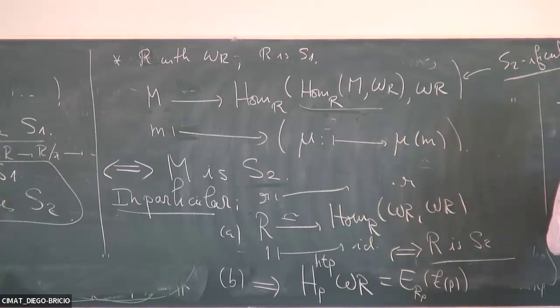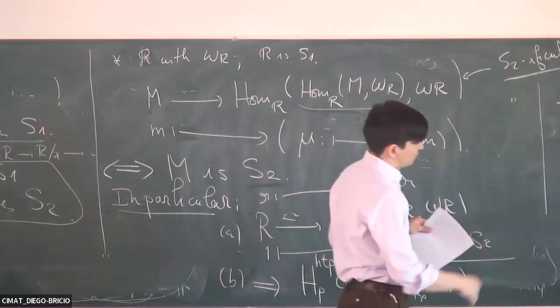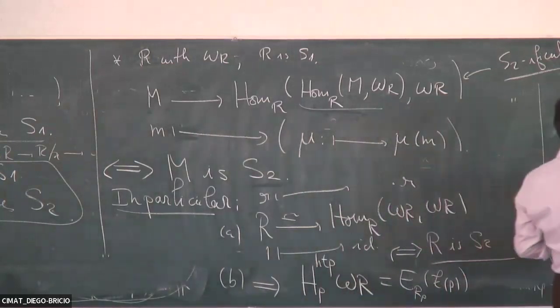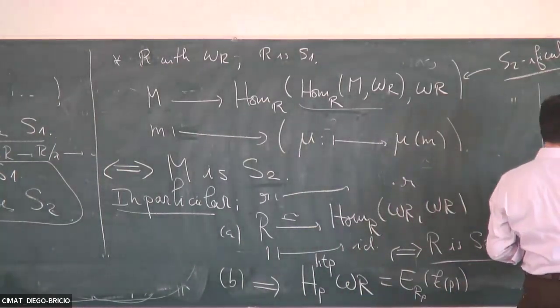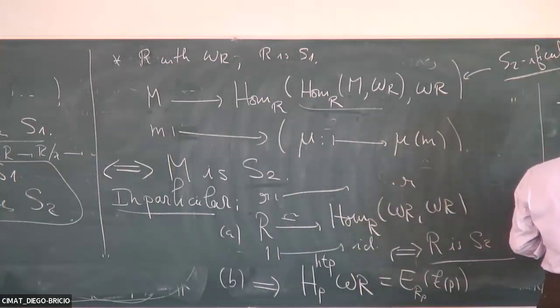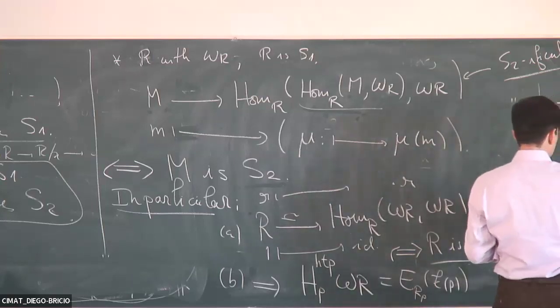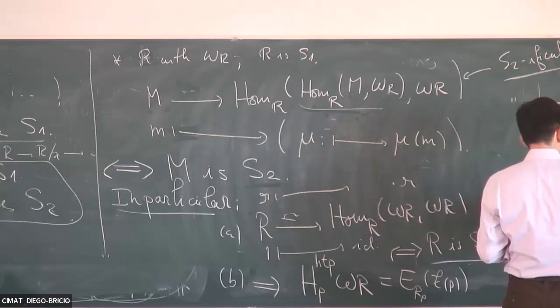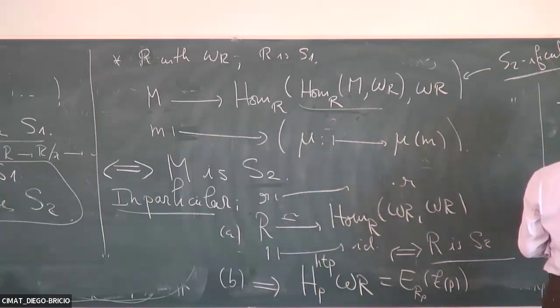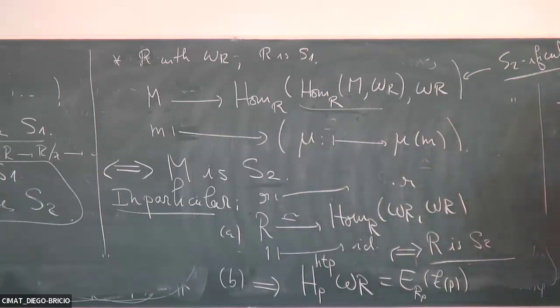Suppose that you have a morphism of modules, phi from M to N. Suppose that M and N are S2.